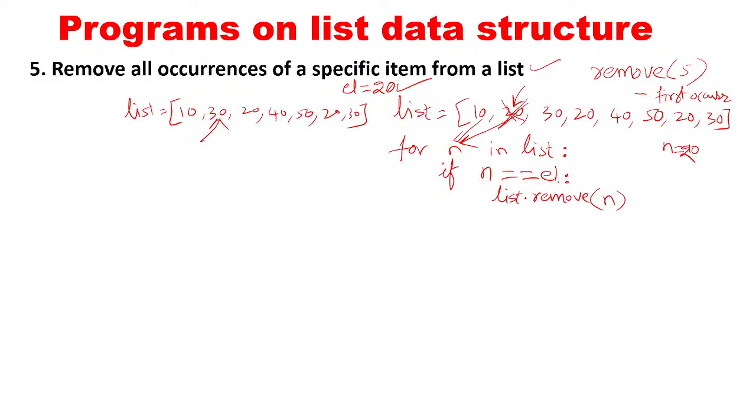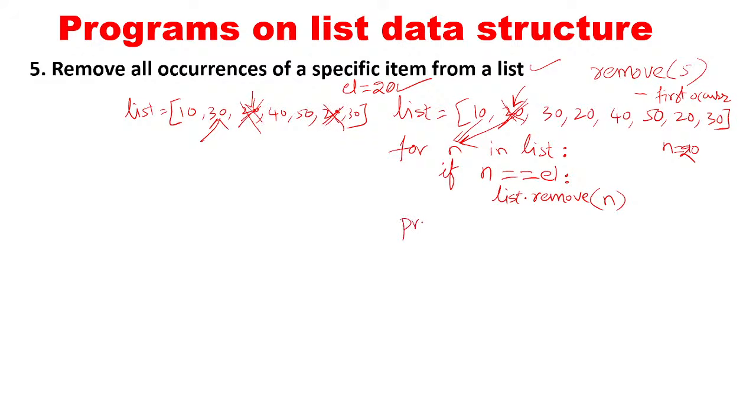Is 30 equal to 20? No, so that is not deleted. Then the next number, 20 equal to 20? Yes, this is deleted and the list is updated. Then it gets 40. Is it equal to 20? No. 50? No. 20? Yes, this is deleted. 30? No. That's it. Like this the loop ends, and it removes all the occurrences of this one.